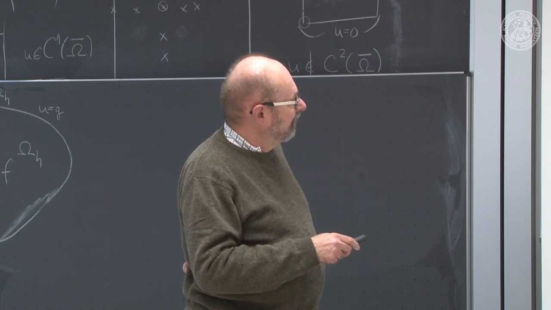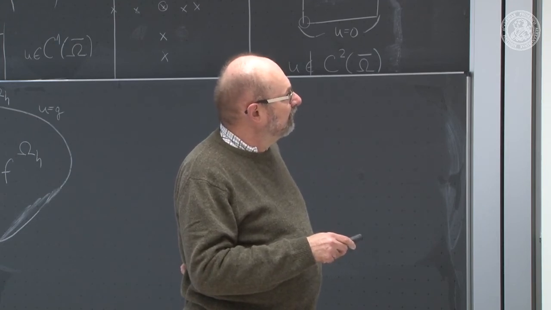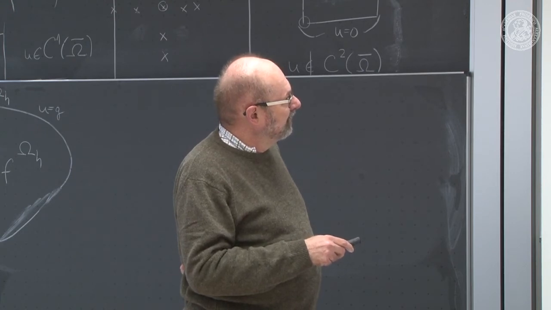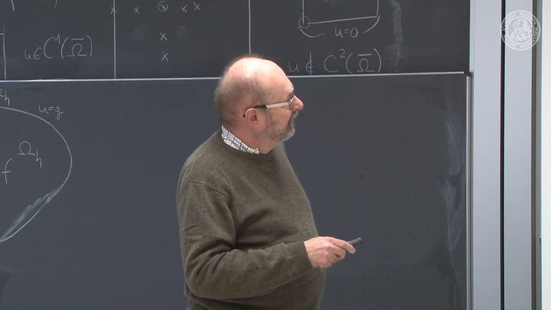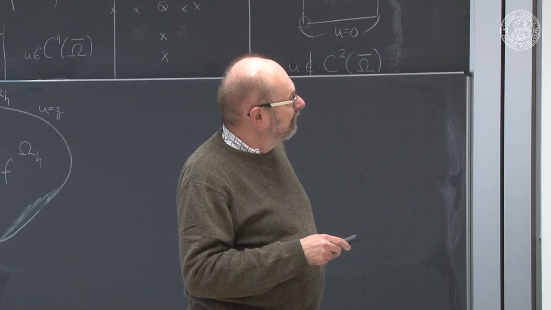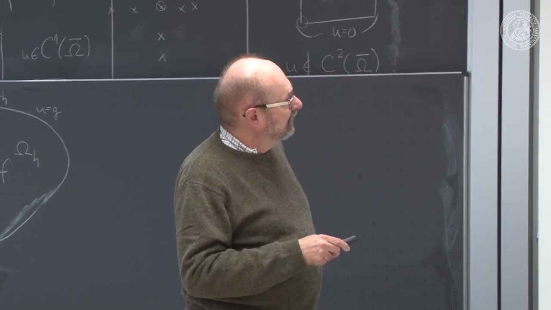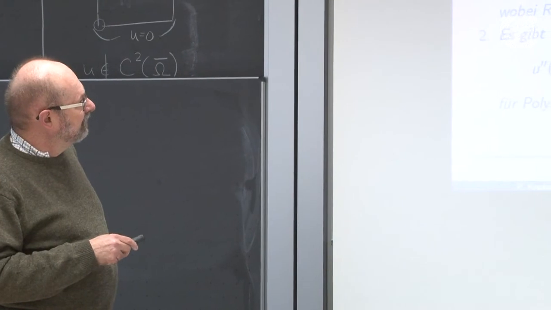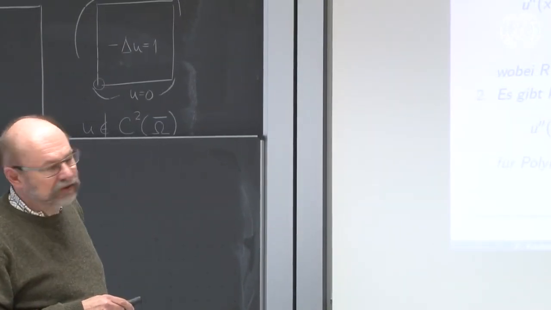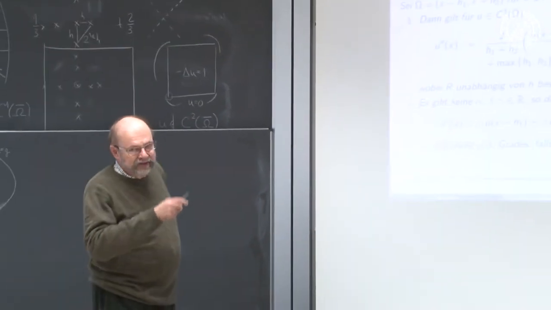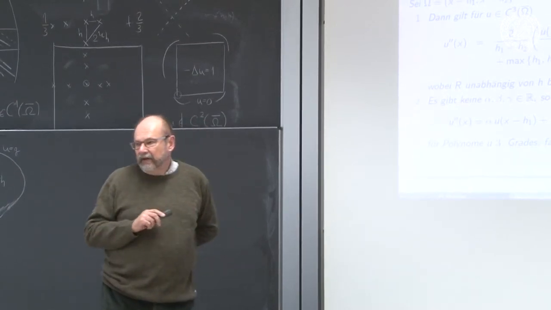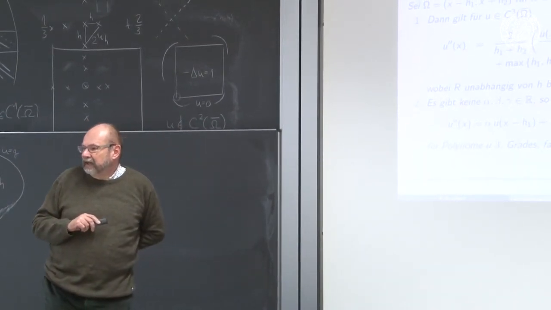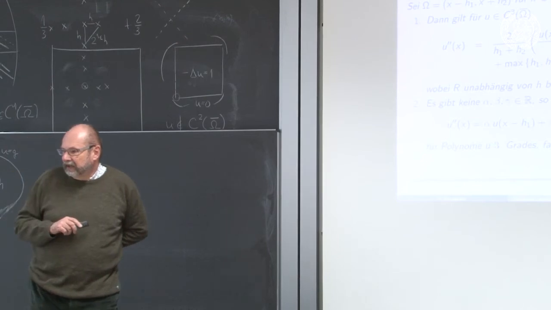Let's first check whether it's the old one. If we take h1 equals h2, then we have a 2 which cancels, then we get our h squared, and you see we have the old thing: we have the minus, the value in the middle, and minus the step forward and minus the step backward. So we get the old difference approximation back.